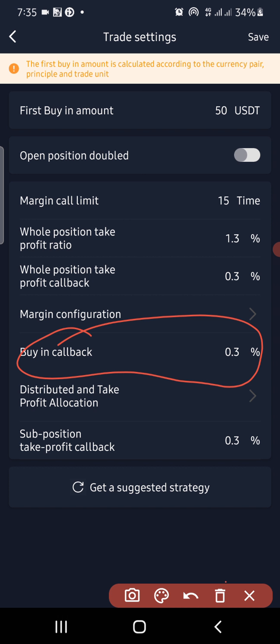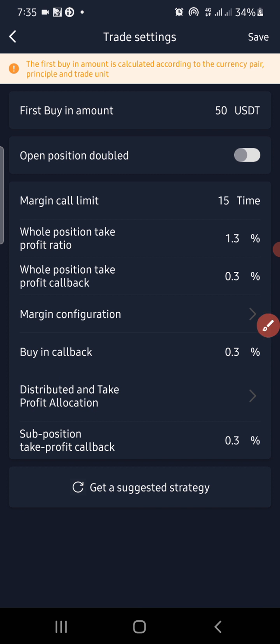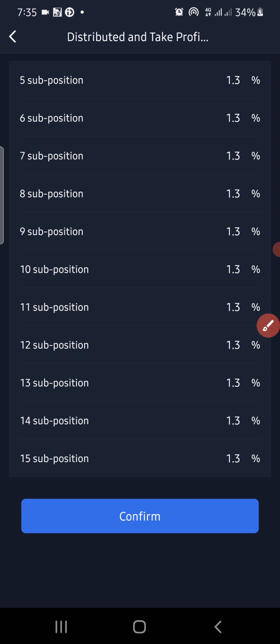All right, distributed take profit allocation. This is for the different call margins. For each of the calls that the bot has bought for you, from call 1 to call 4, the bot will treat them as a single call margin.